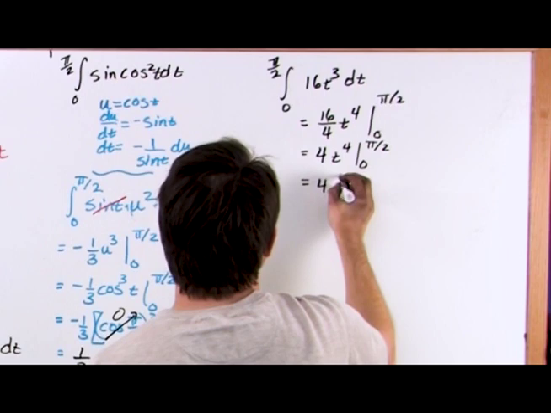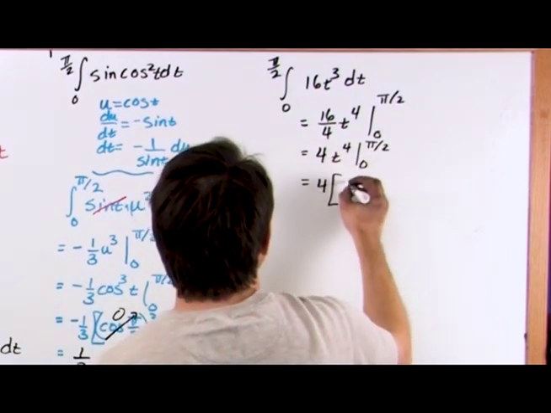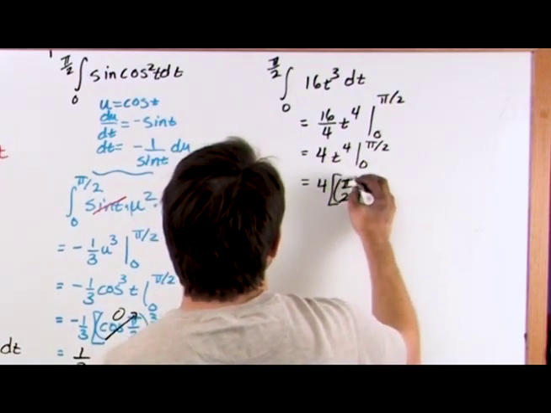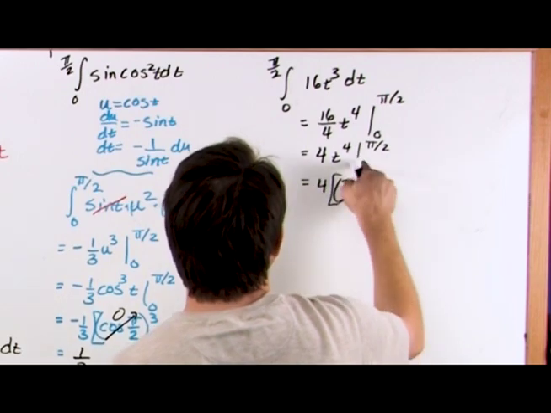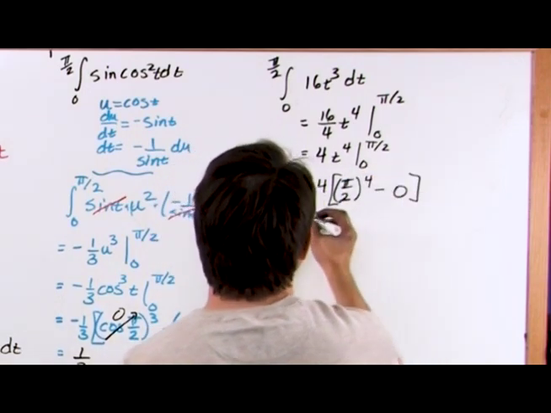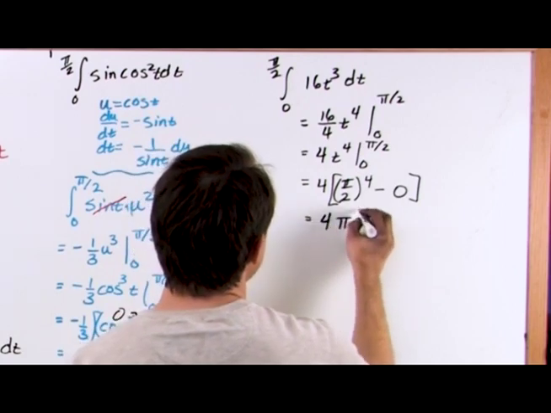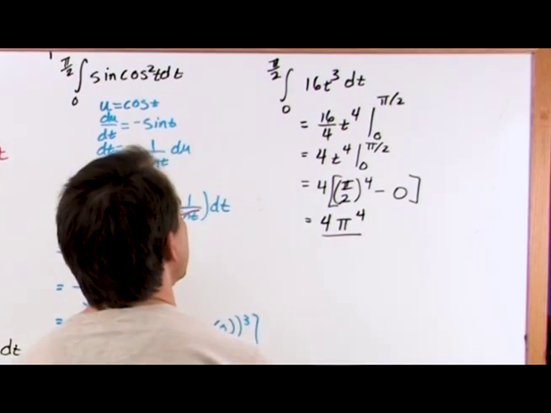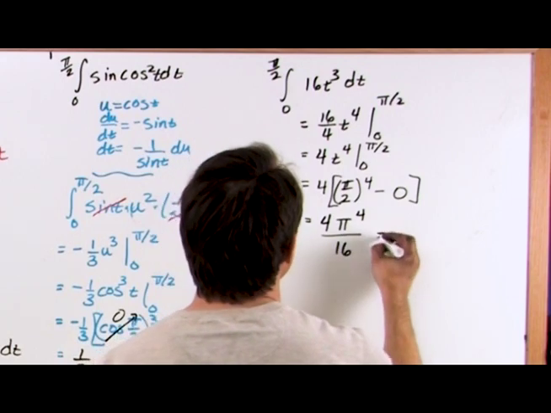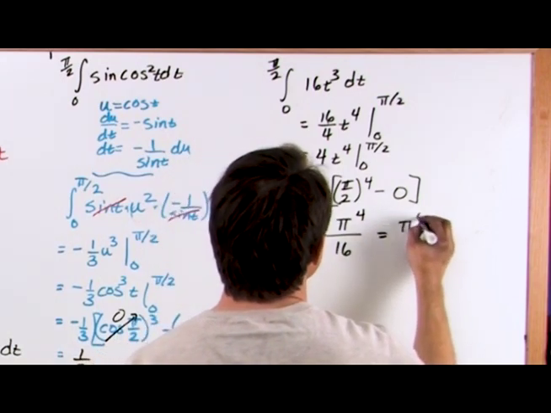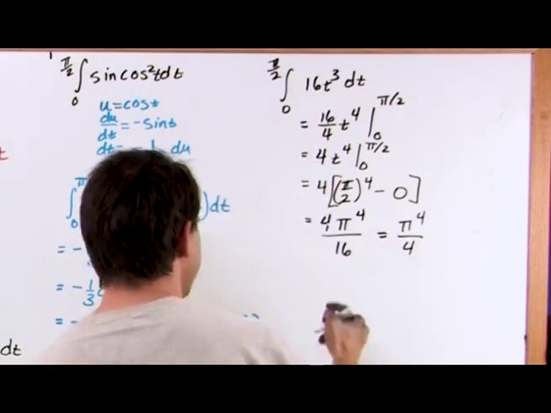So that's going to be 4 times pi over 2 to the 4th power, minus, plugging in 0, you're just going to have 0. So what you're going to have is 4 pi to the 4th power over 16. And so what you're going to have here is pi to the 4th over 4, just reducing those things down.